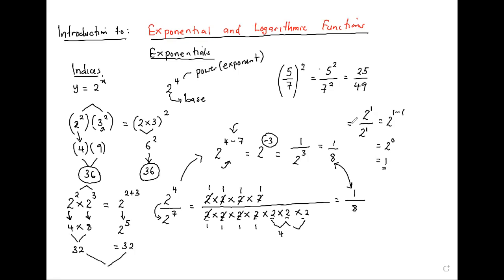Why? Because we know 2/2 is 1. So all these put together, they are going to give us some nice properties of indices, of exponentials. So now we write properties of exponentials.